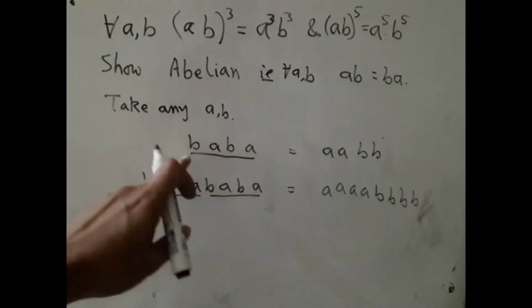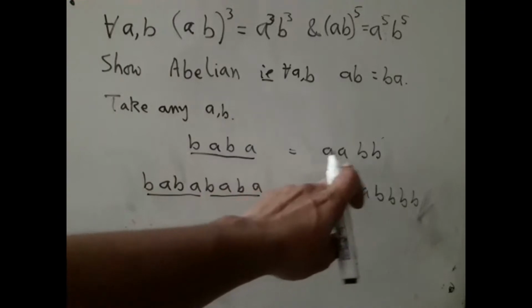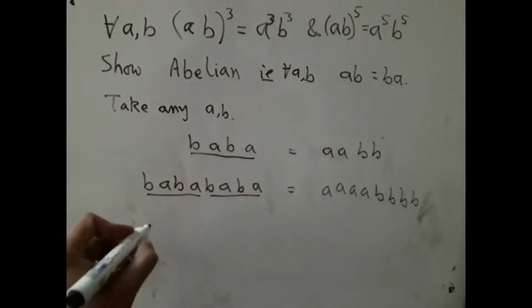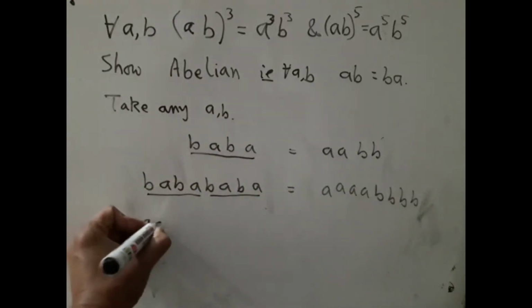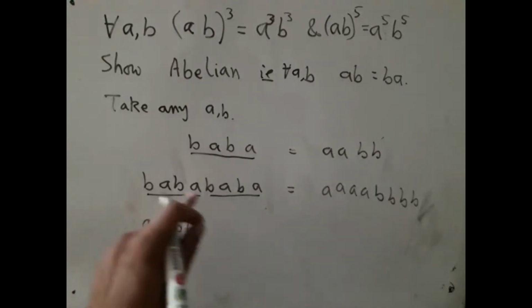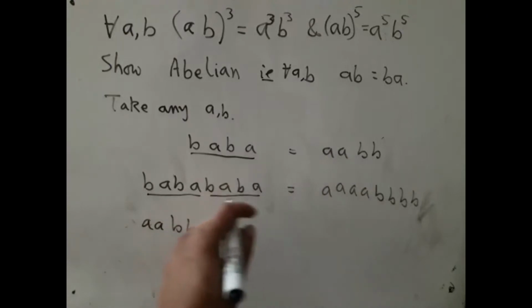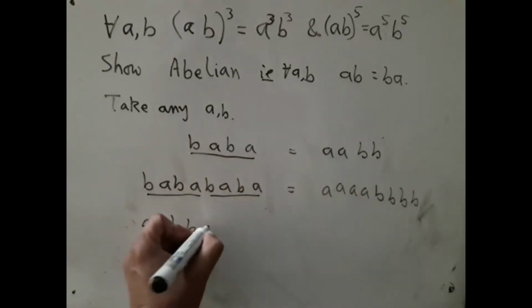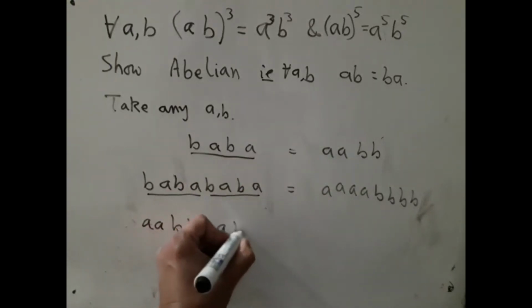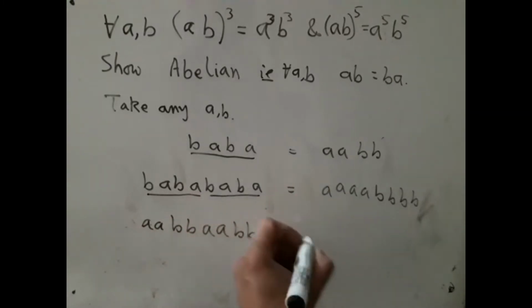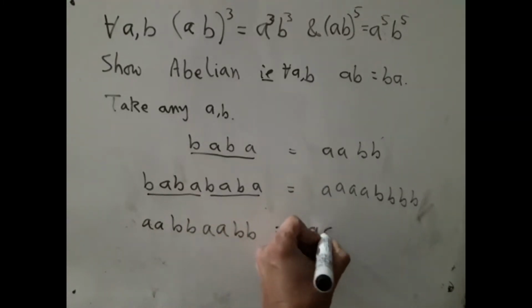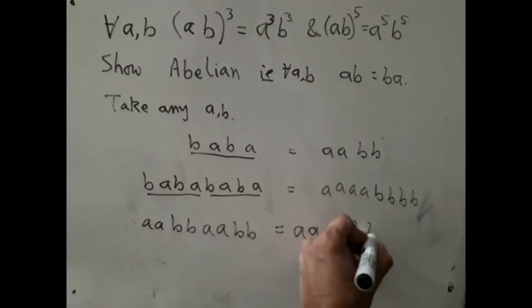So, use this fact that ba is aabb and put it here. So, you will get aabb in place of ba I am writing aabb. Similarly, replace this ba with another aabb that is equal to this 4 a's followed by 4 b's.